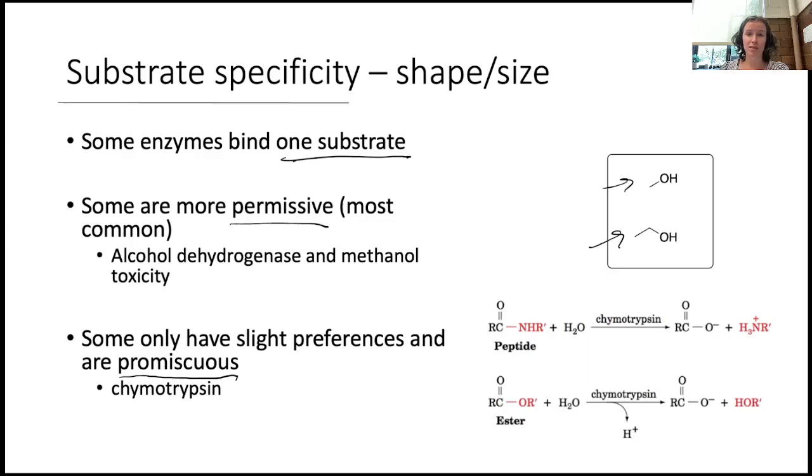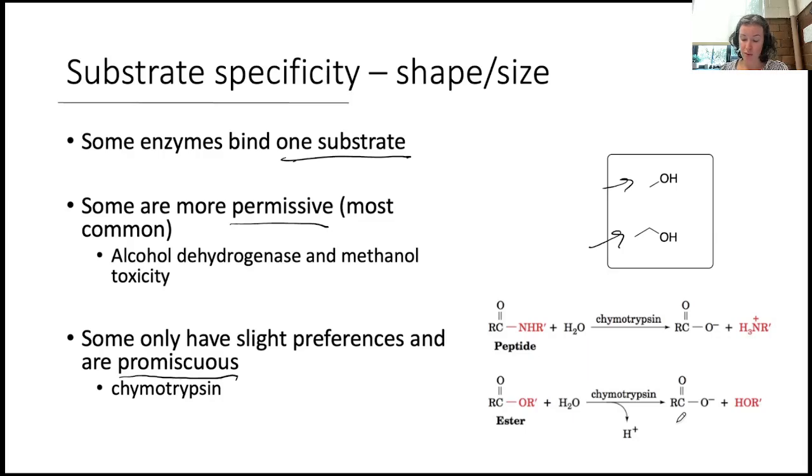Some enzymes are classified as promiscuous. This means that the enzyme does have a preference for what substrate it binds, but the substrates can be pretty divergent in terms of how they look or what functional groups they have. An example of this is the enzyme chymotrypsin, and you can see its substrates here on the right.